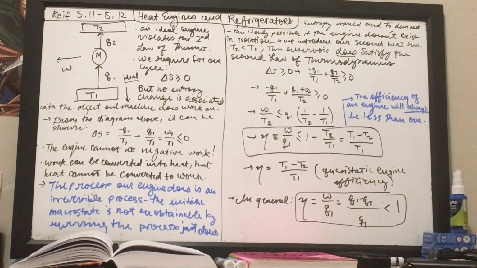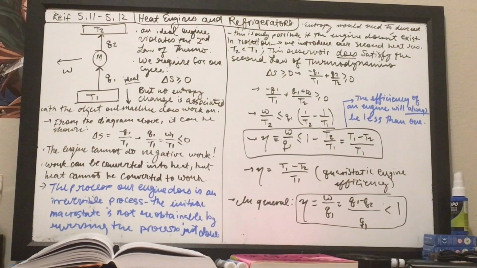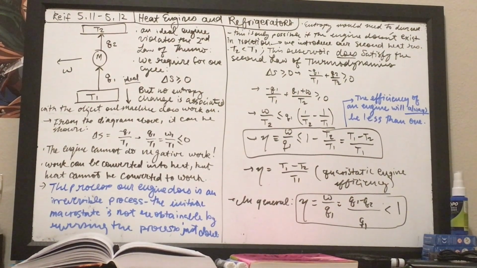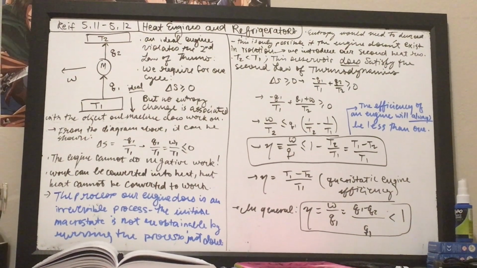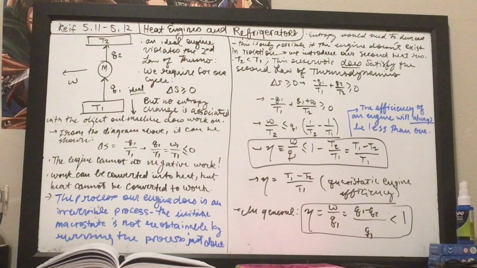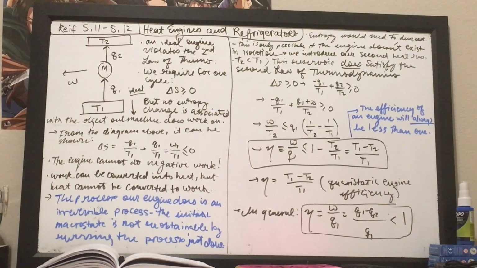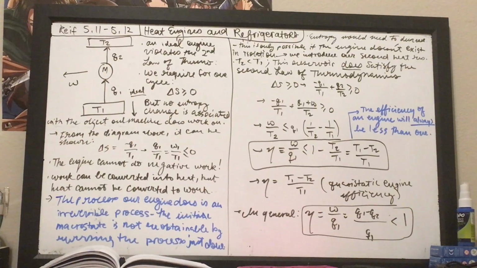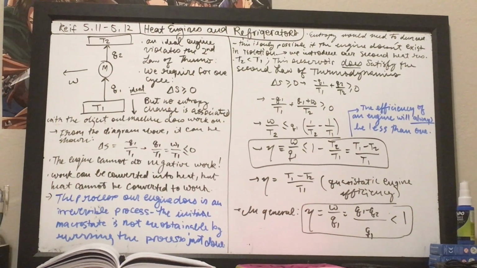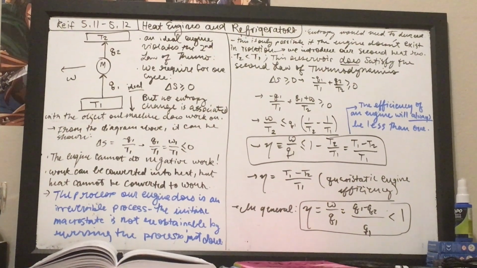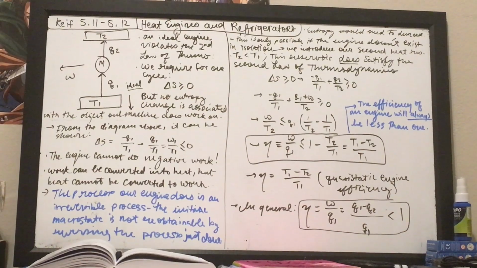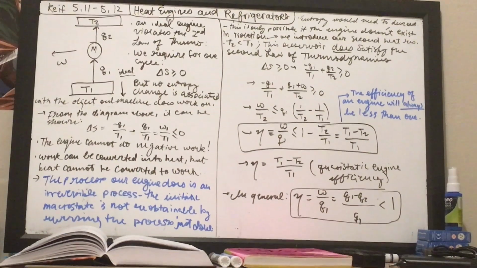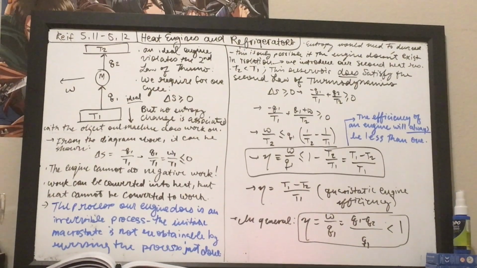And if we know that that's equal to the amount of work that we have, and that's negative, then the amount of work that the engine does is less than or equal to 0 whenever we get rid of that negative sign. In other words, you would have negative work, and we can't have an object that's doing work produce a negative output, or otherwise we don't have an engine. So for that reason, an idealized engine violates the second law of thermodynamics, right?